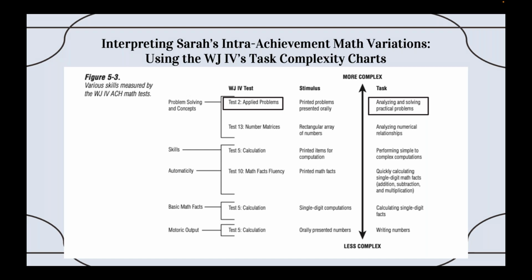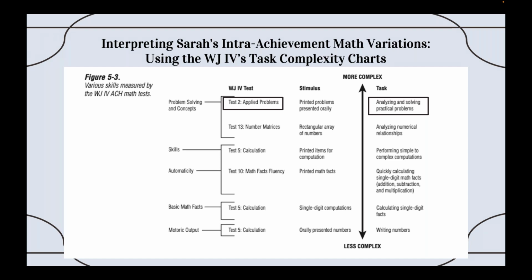Now, going back to some of the behavioral observations that were listed on the previous slide, and going back to some of her history, we know that she doesn't evidence any other complications in any other areas, right? Just in mathematics. So reading comprehension challenges are not evident based on her school history. So we know reading comprehension likely isn't a concern here.